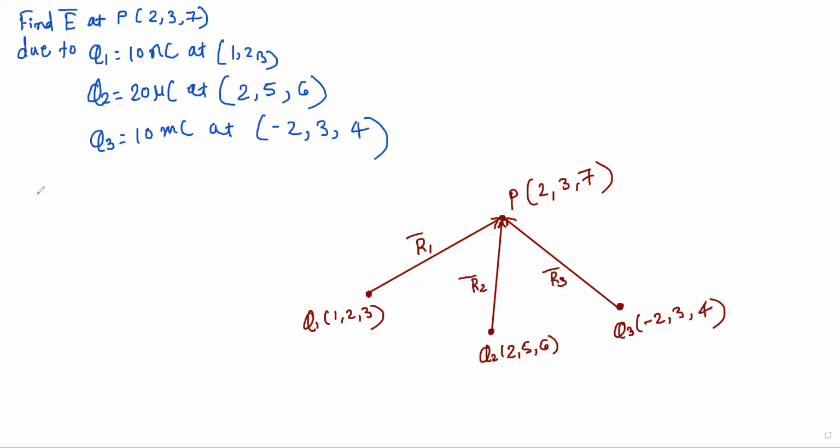For this case, the total electric field intensity at P, E bar at P, as per superposition, is E1 plus E2 plus E3.